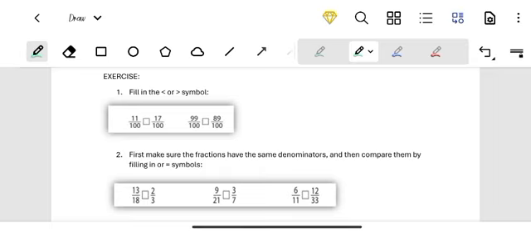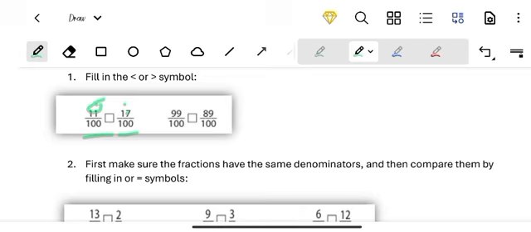Remember, if it has similar denominators, we look at the numerators. 11 is smaller than 17, so the sign that we're going to use is that sign. Jumping to the next one, similar denominators, checking the numerators, we can see that this is smaller than that, so the sign here is going to be that one. And you are done.